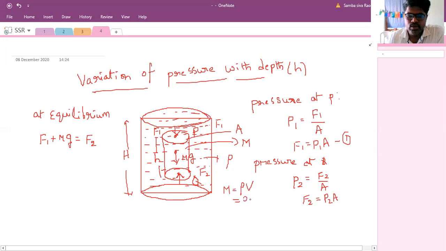And then rho times volume, what can I say? Volume is the area of cross section into height h, small h, because small h is inside the imaginary column only.